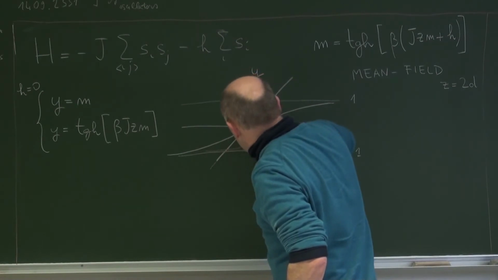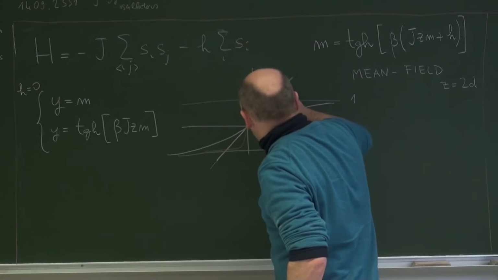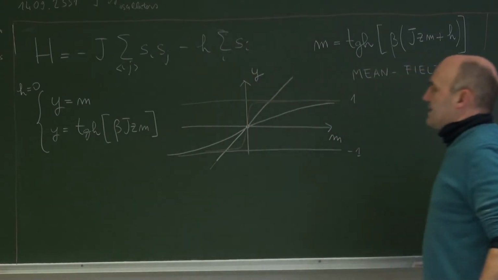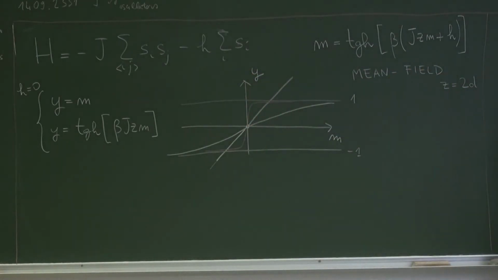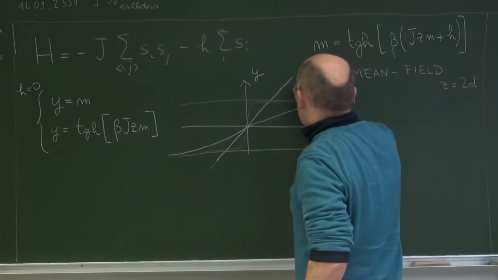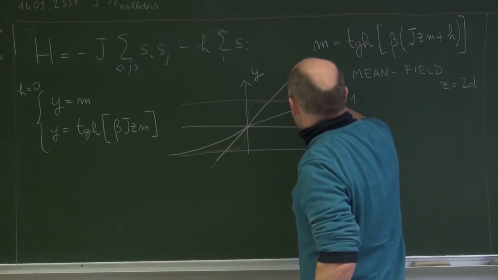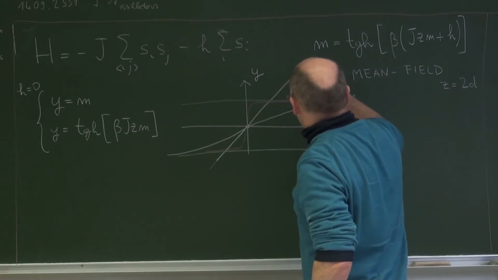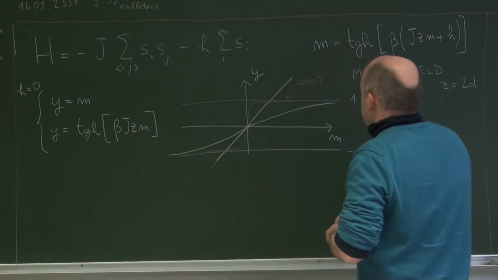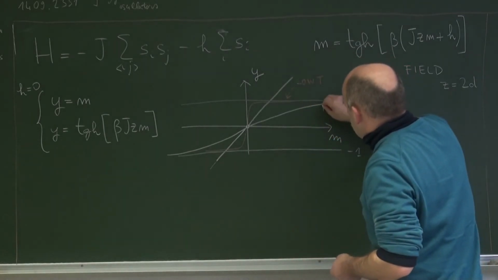This would be the shape of the hyperbolic tangent for high beta. So this is the low temperature case, which I indicate with the red color, and this is the high temperature.